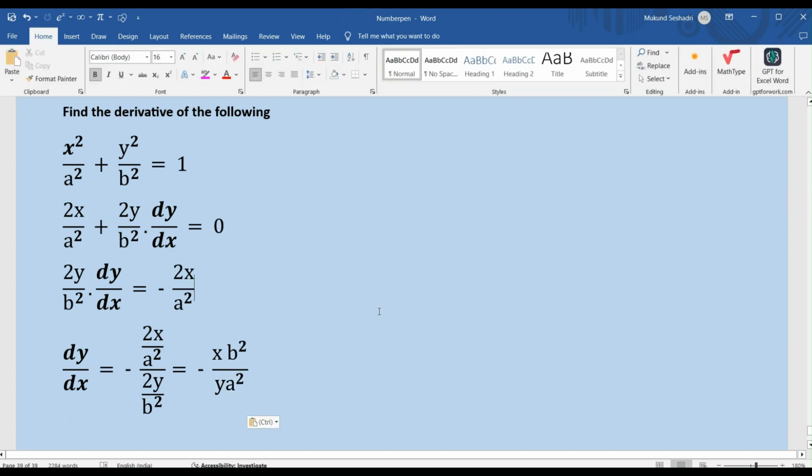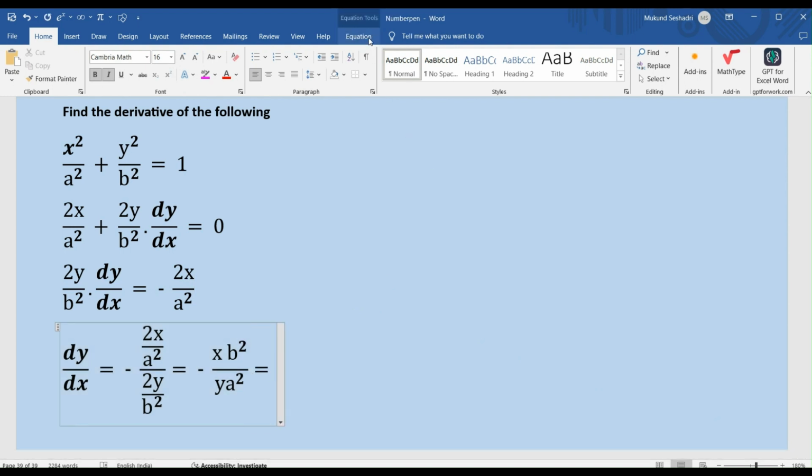I don't think we can do any further simplification. So my answer is, let me write it in a better way. I don't think it's good practice to write a constant multiplied by x in this way. I think I'll have to put it the other way.